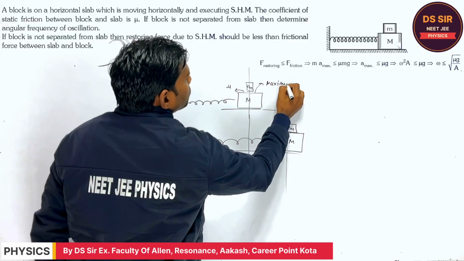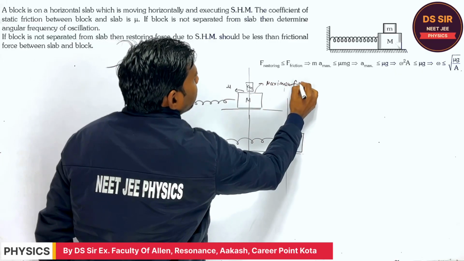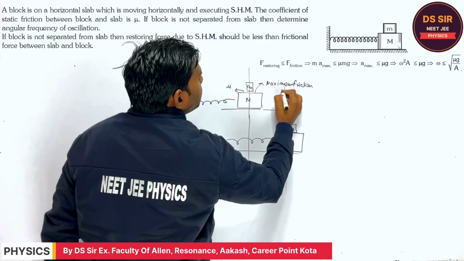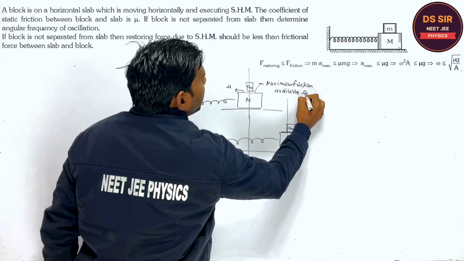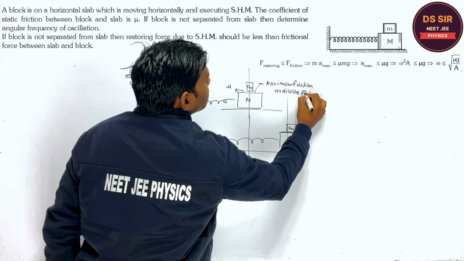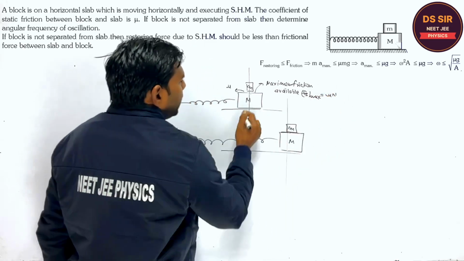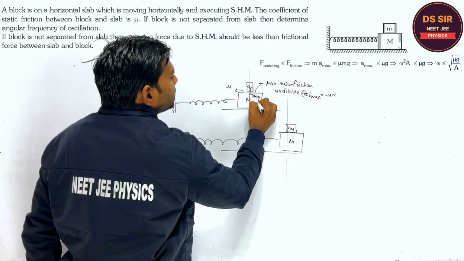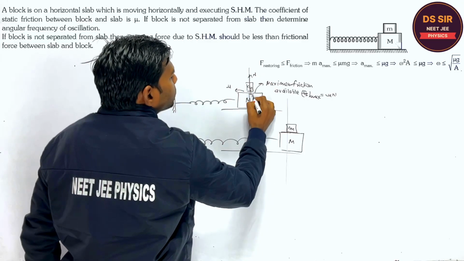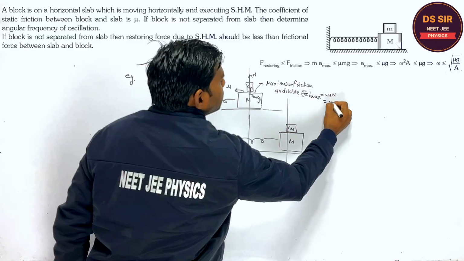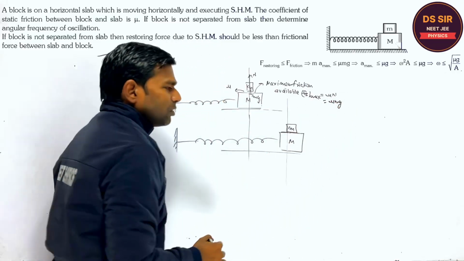Here the maximum friction available is mu into N, and N will be equal to what? This is mg, this is normal. So N will be equal to small mg, and this is equal to mu into mg. Are you getting or not?